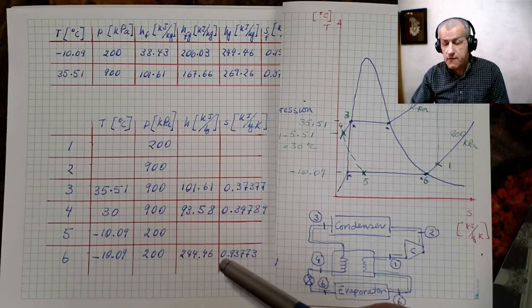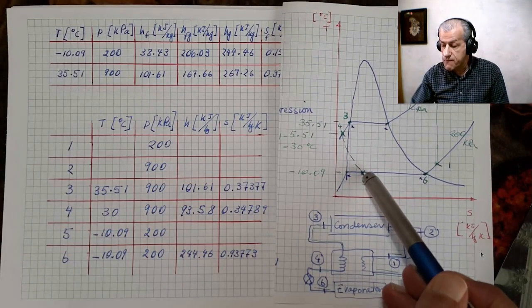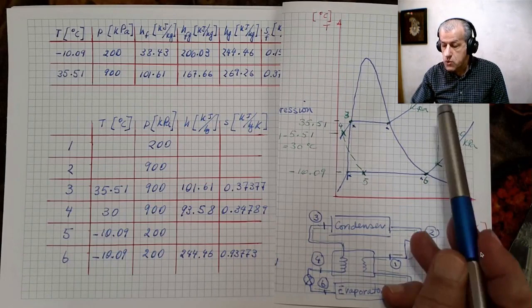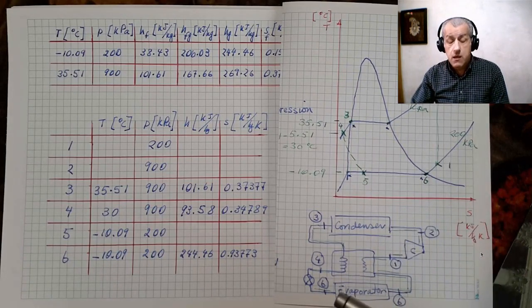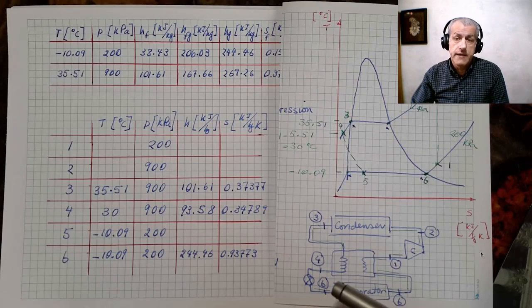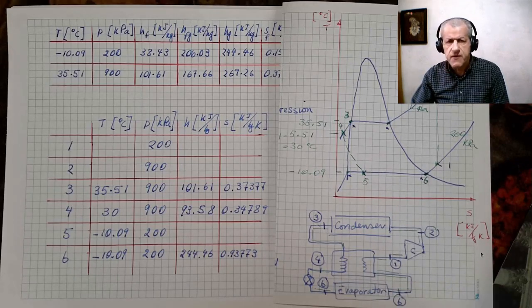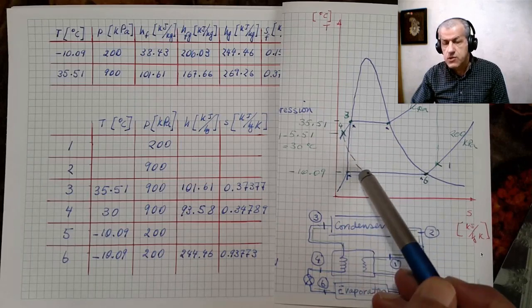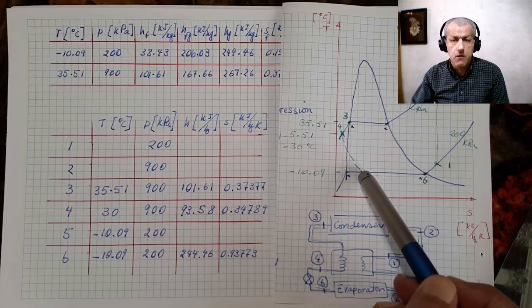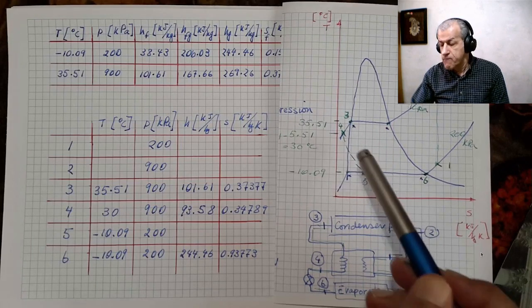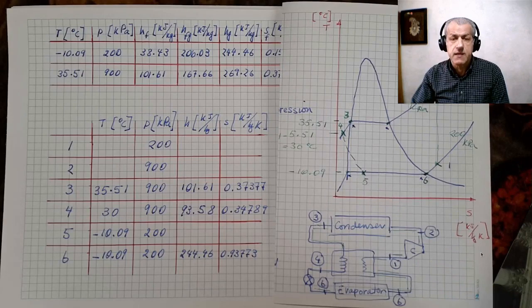The points that are left are point 5, 1, and 2. These are the 3 points that we have one property out of, and we still require a second property. So, point 5 is fairly simple because it's just after a throttling process, and we well know from our throttling lessons that enthalpy remains constant for the throttling process.